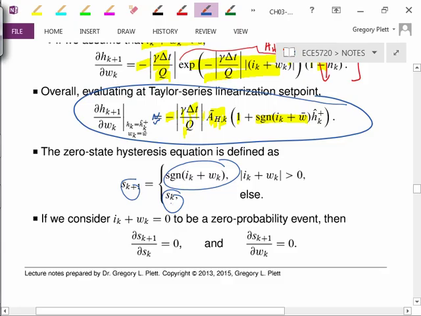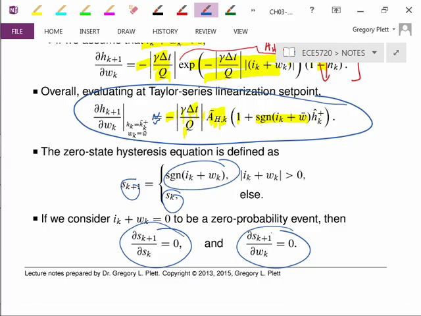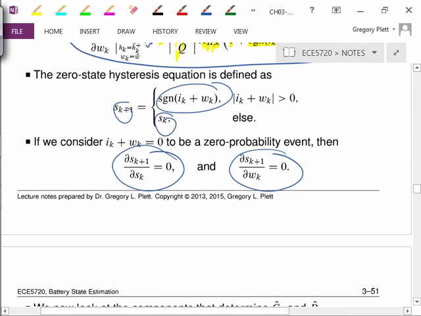Well, getting a negligible current can happen, but here, let's suppose it's a 0 probability event. And in such a case, I just simply say, let the partial be 0 with respect to both of those. That's a choice as well. If it wasn't 0, then not a 0 probability event, then I would have to do this differently.